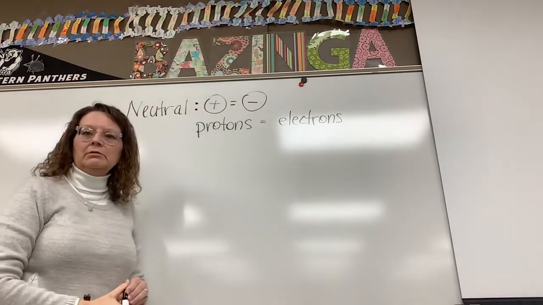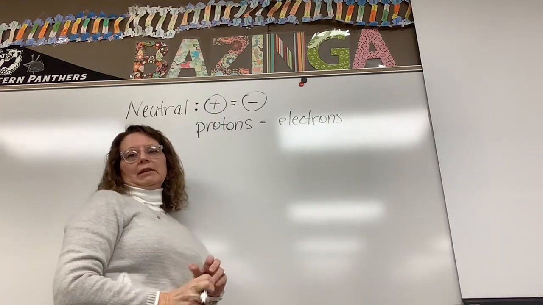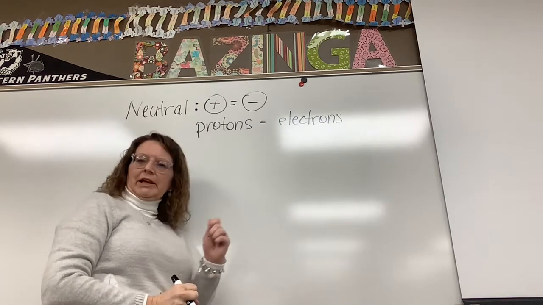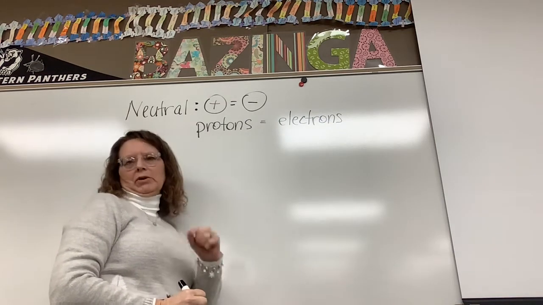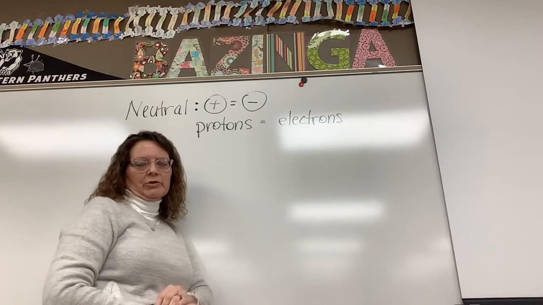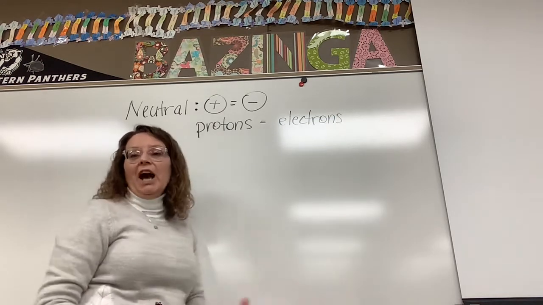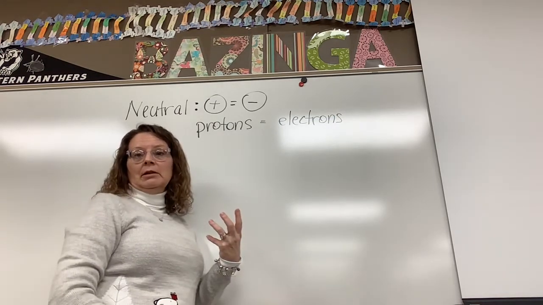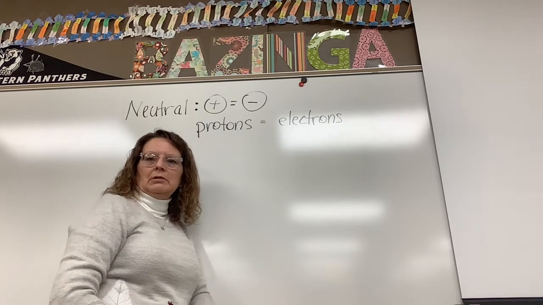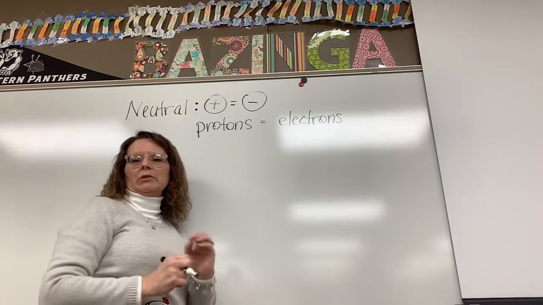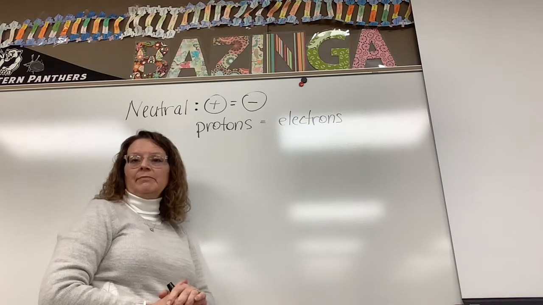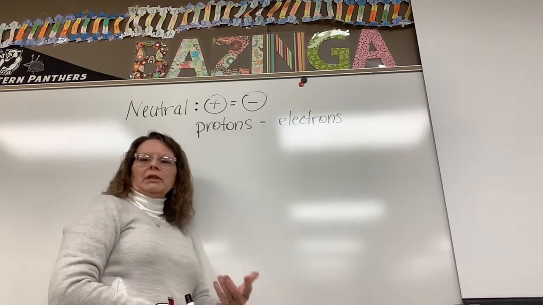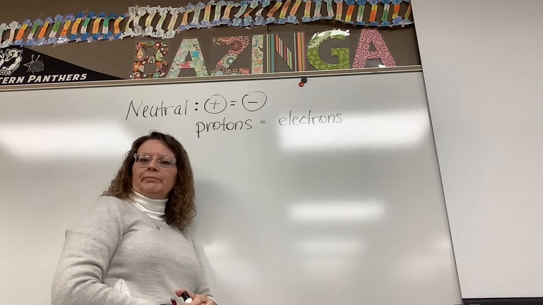So far, so good. 8 protons, 8 electrons. 7 protons, 7 electrons. 9 protons, 9 electrons. 25 protons, 25 electrons. A neutral atom has to have equal numbers. That's so easy, okay?